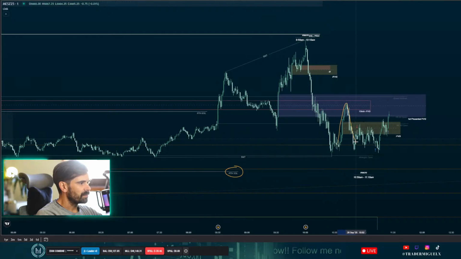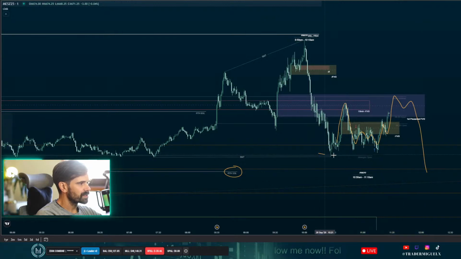So now I believe we will do something like this, because there's a lot of liquidity resting down here. I believe we will eventually take out this high, faking some sort of bullish exit from this first presented fair value gap, and then move lower.